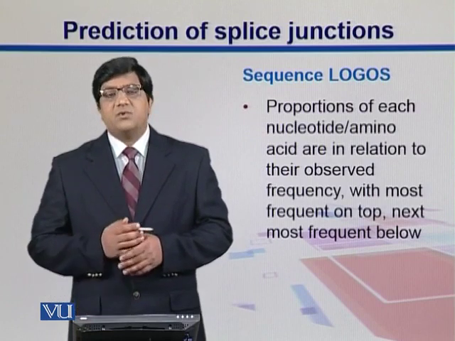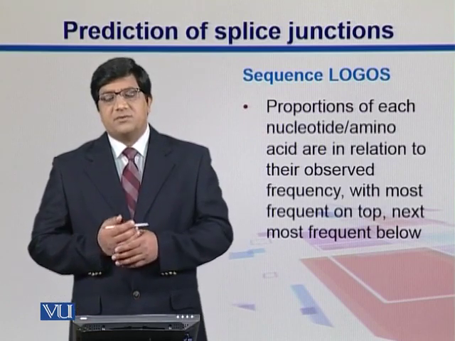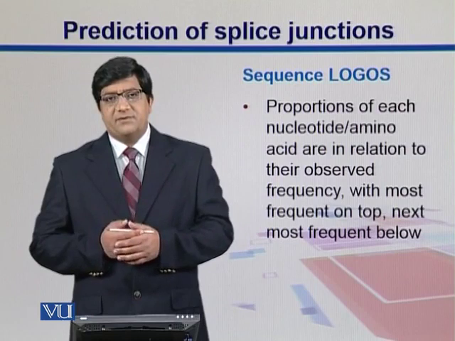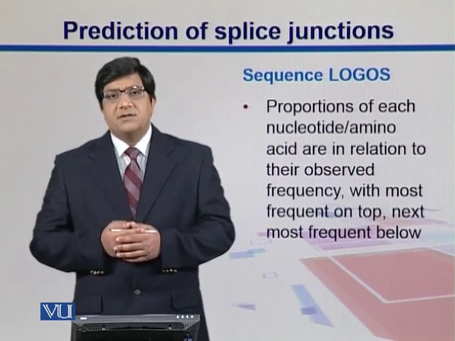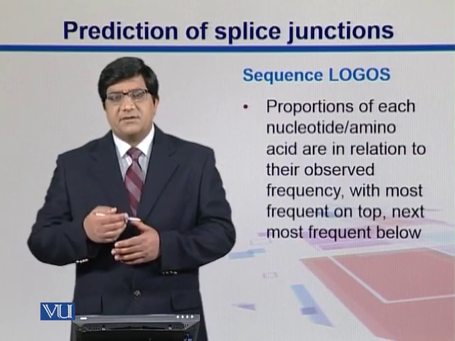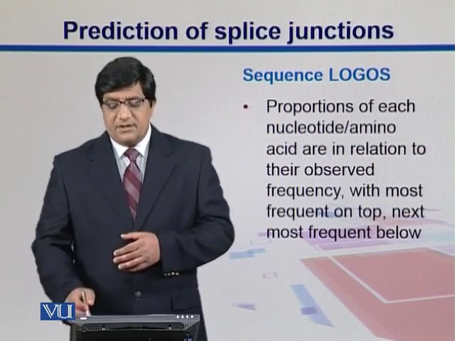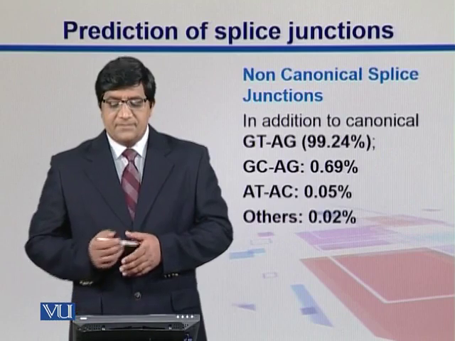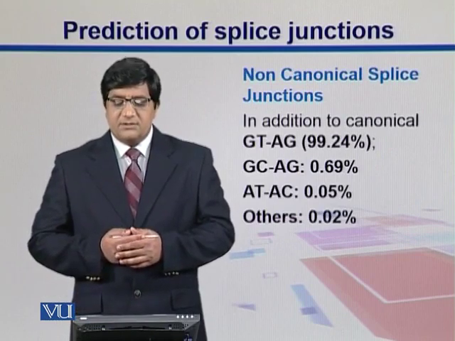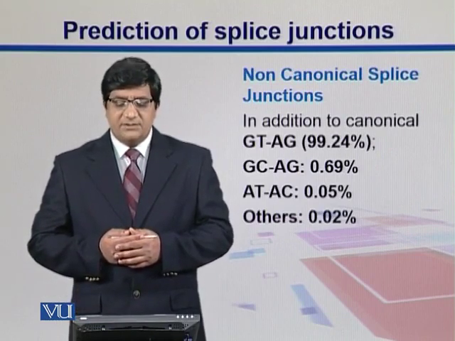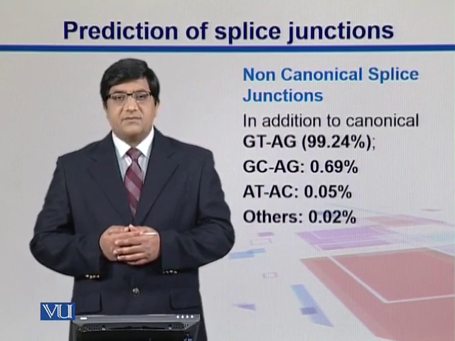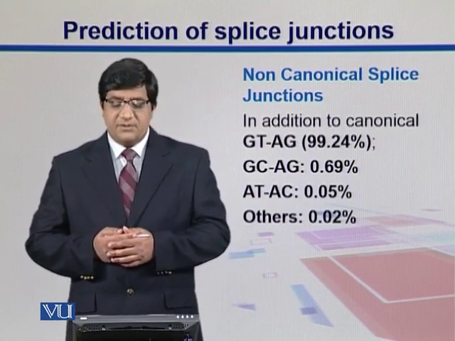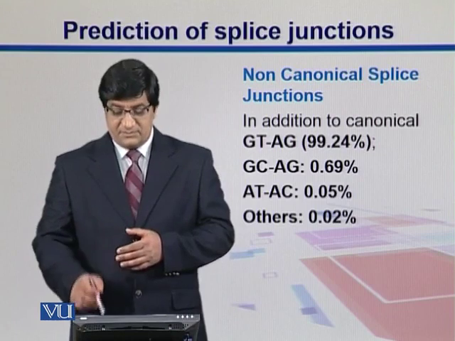So sometimes we have more than one of the heavy-frequency nucleotides. So we can order them, putting the highest one at the top and the rest at the bottom in a hierarchy. Non-canonical splice sites can be GCAG, which is 0.69%. It can also be AT and AC. And there are some others.